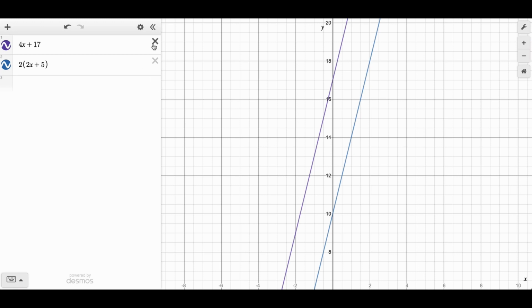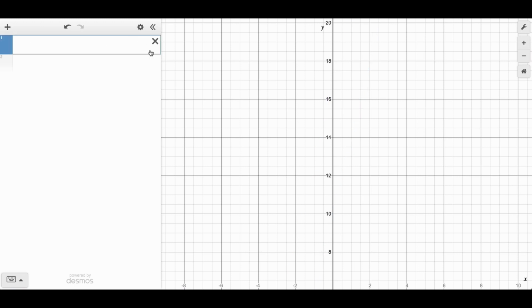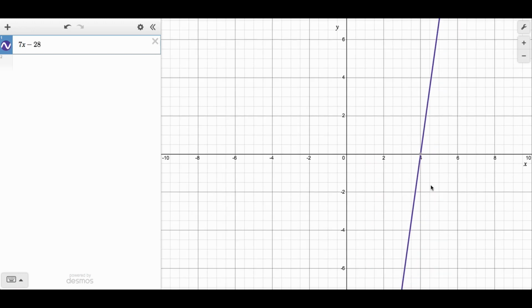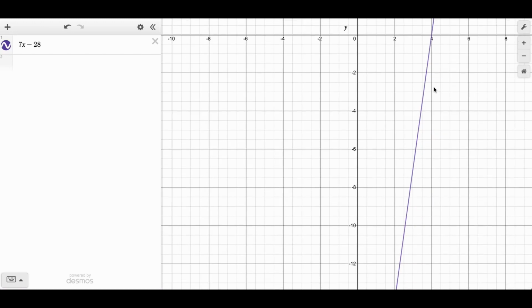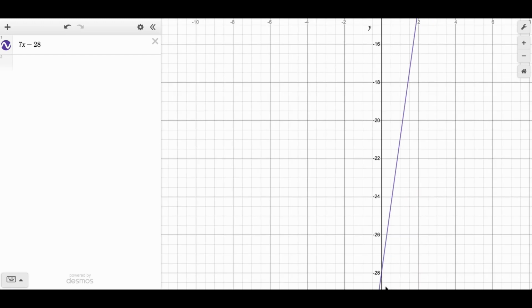So let's delete these and let's try the second one. 7x minus 28. And so we have this line right here, and our x-intercept is 4, 0. And if we go down, you may have guessed correctly that our y-intercept is going to be negative 28, as written here.